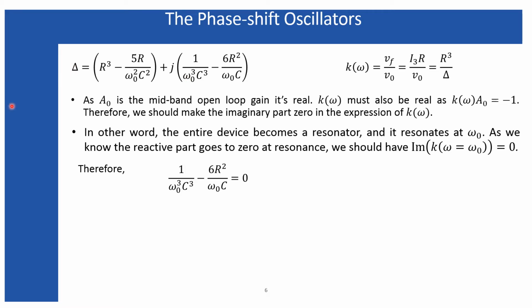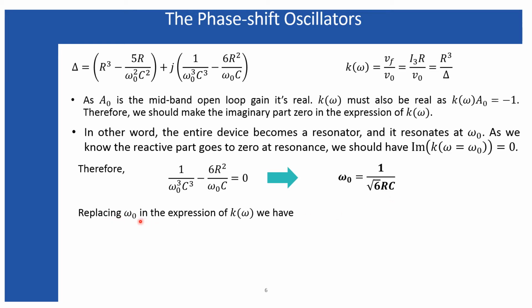Now once you make it 0, we can easily obtain the frequency of oscillation, which is omega naught, and for the phase shift oscillator the frequency of oscillation is equal to 1 over root 6 times RC.